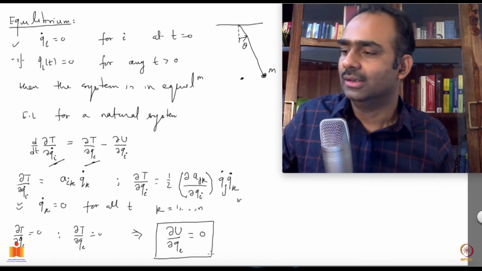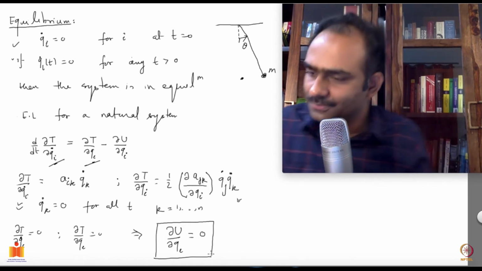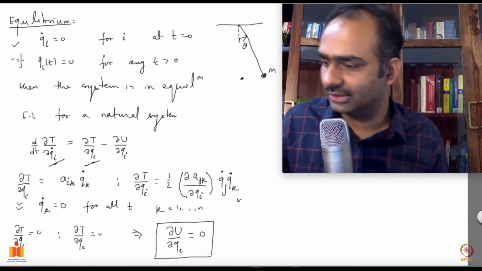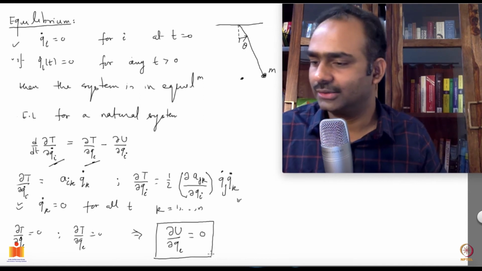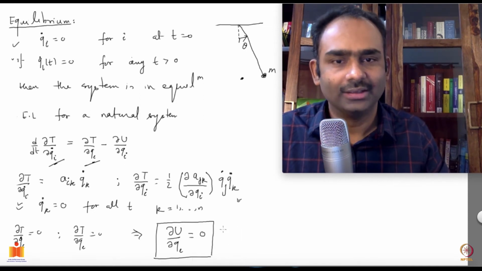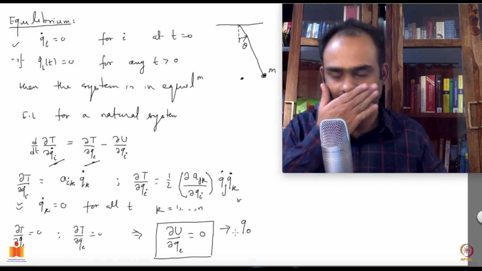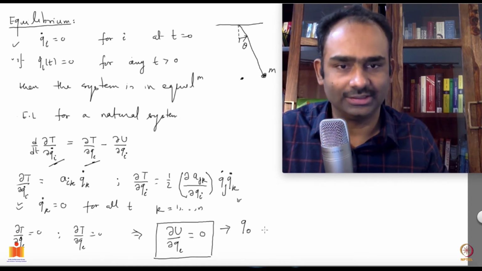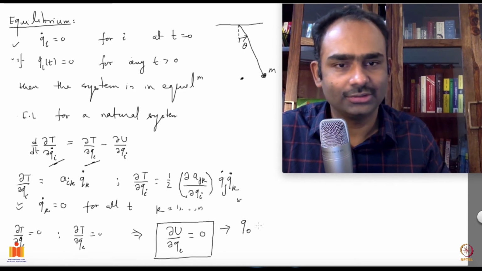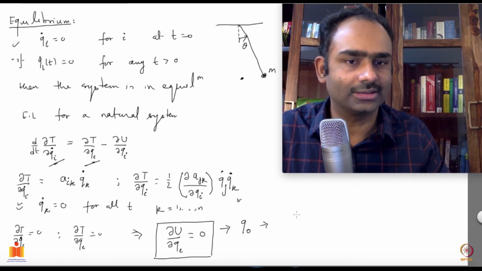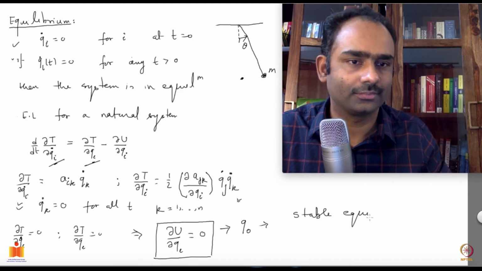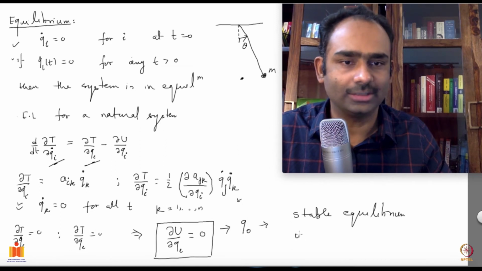There are two things which can happen. Whatever point q0 you get from here, where this condition is satisfied, this q0 could be either a stable equilibrium or an unstable equilibrium.